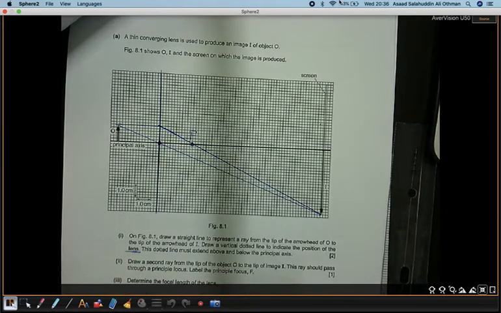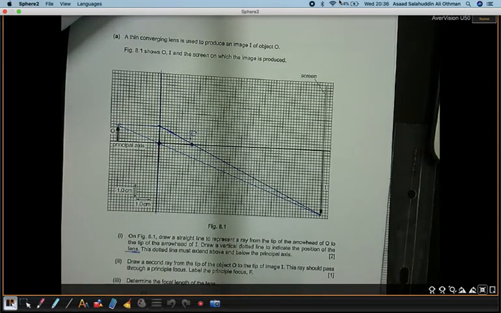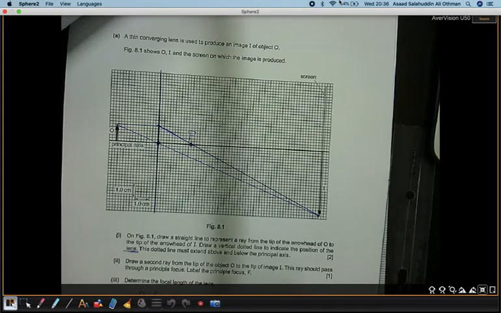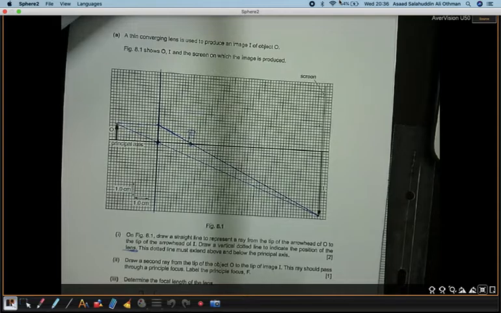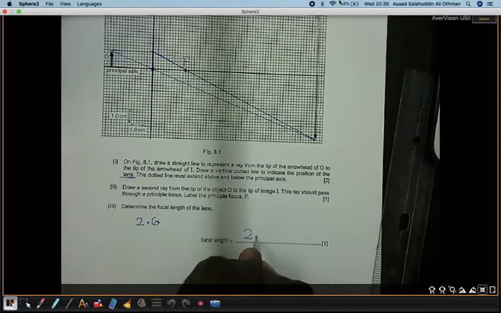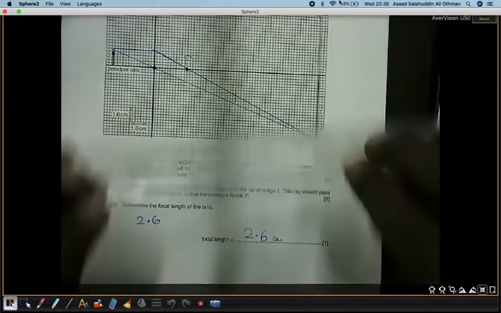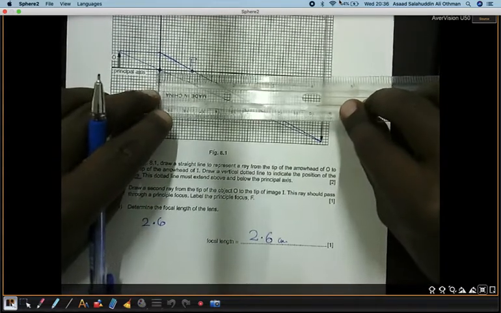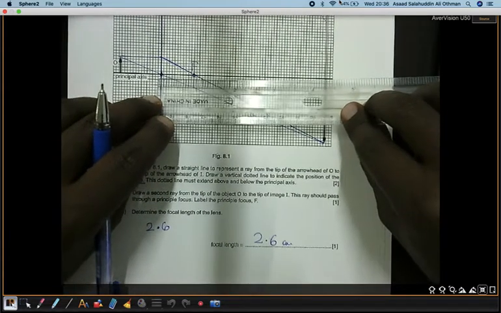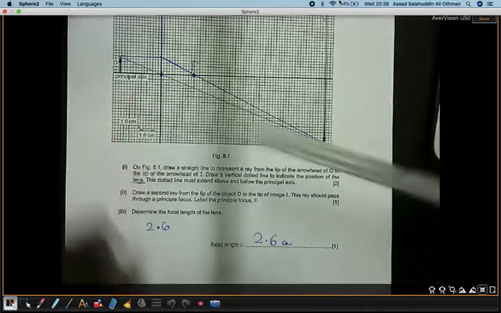So I think it's 2.6 centimeters, okay? Because each one is going to be 0.2. So 2.6 centimeters would be your focal length. Remember, the focal length is from here to here, from the center to F. Okay, people, center to F.